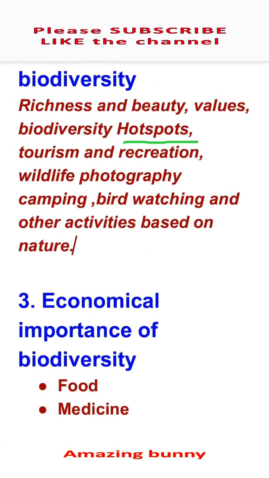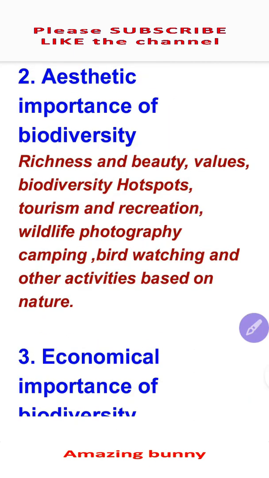They are a very good source of revenue, as well as a good spot for tourism and recreation, and they also attract tourists for wildlife photography, camping, bird watching, and other activities based on nature. In a nutshell, biodiversity enhances the aesthetic value, and it also increases revenue sources, increases the beauty, and attracts tourism.